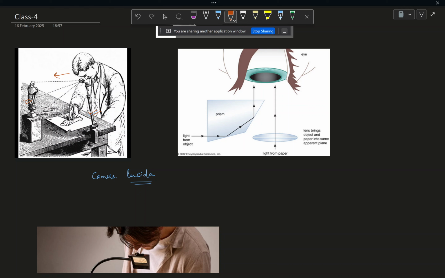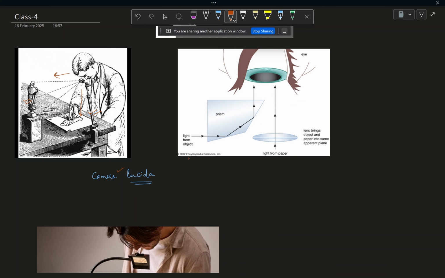Rather, he looks through this camera lucida, which is arranged so that light coming from the object is reflected by the prism inside this part, ultimately causing an image of that same object to be superposed on top of the paper. It is as if he is tracing out the image that he is seeing through it.